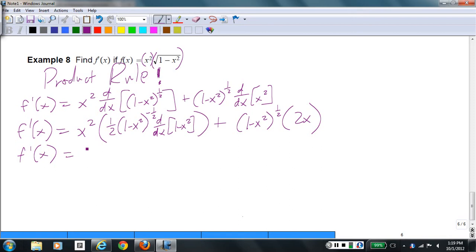Maybe take the 1/2 out in front. 1/2 x squared times 1 minus x squared to the negative 1/2 times negative 2x. That's really all the excitement that's happening to that expression right there. Take the derivative of 1 minus x squared, you get negative 2x, plus maybe the 2x out in front of that expression, 1 minus x squared to the 1/2.